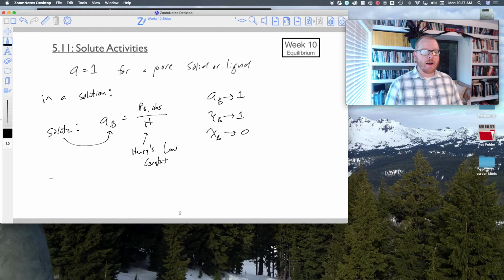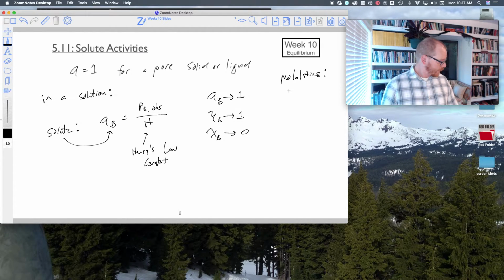And so now we can come up with activities in terms of all kinds of different concentrations. Again, this is just vapor pressure, but what about other activities? We can come up with activities in terms of molalities. I always have to say this out. Molalities.